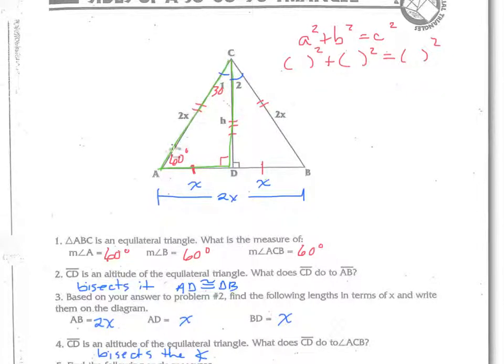So what's the length of this leg? X. So you're going to put x in there. What's the length of the other leg? H. Because the 2x is the hypotenuse, right? Because the 2x is across from that 90-degree angle. So that 2x goes in place of c.